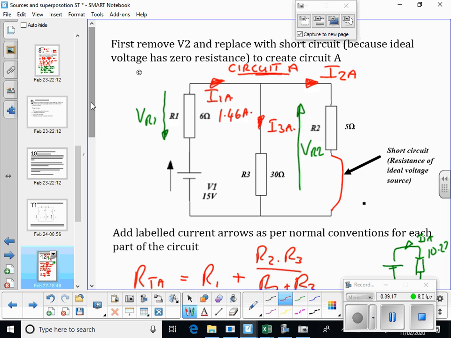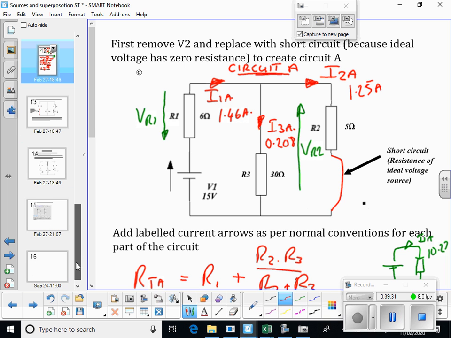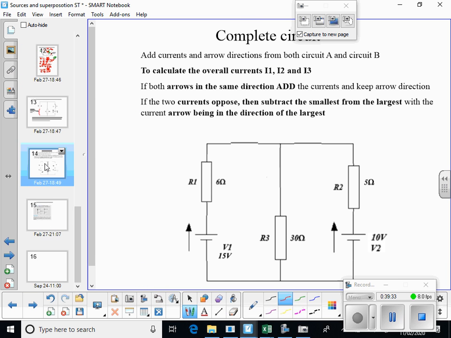So what was I2A? 0.25. And this one, right, what I'm going to do now is jump ahead to the final drawing and write on here I1A, I3A, I2A in red and put values on.